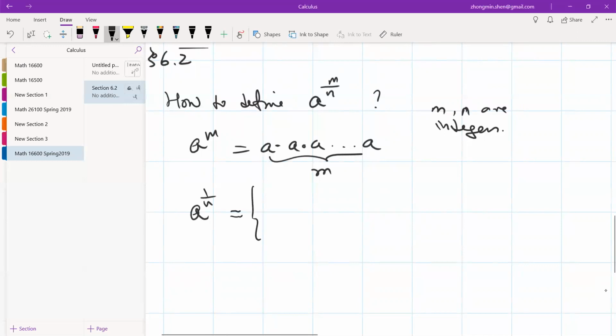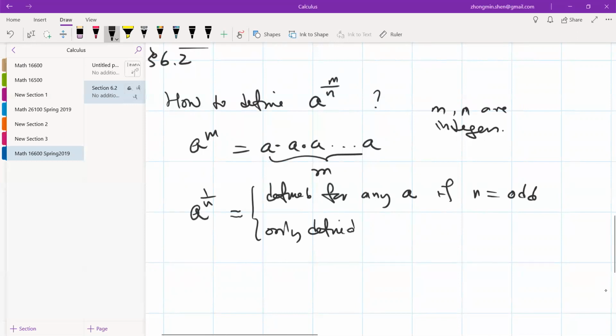So this is defined for any value of a if n is odd. If n is even, it's only defined for non-negative a.